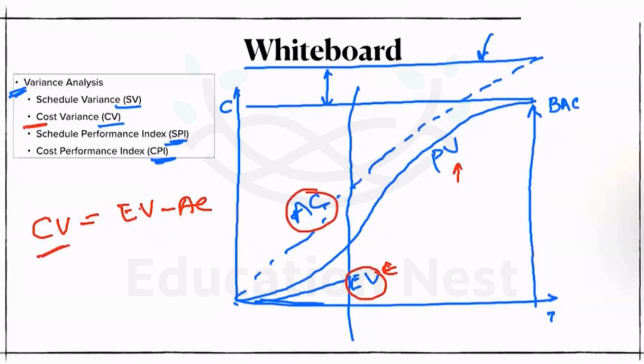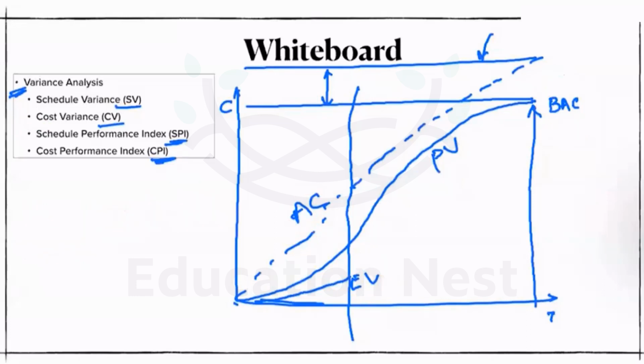Again, it measures the performance of the cost. At the project end, the budgeted cost and the actual amount spent, if it is negative, we cannot recover from this. So this value, EV minus AC, we should make sure that it is always positive.